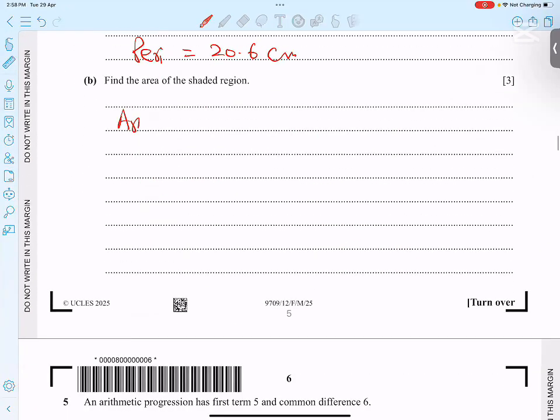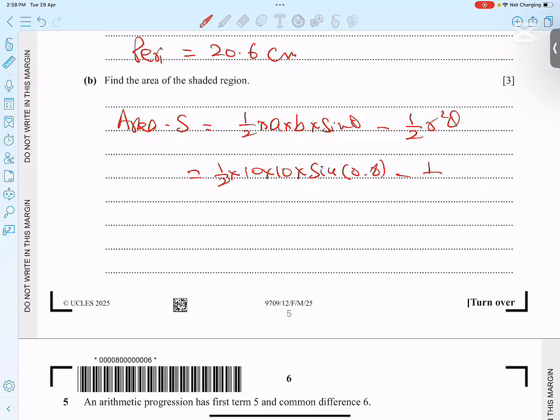So area, as per shaded, sector or triangle. Half into, let me write the formula first: half AB sine theta. What is the area of the sector formula? Half R square theta. So first of all, I'm writing half into 10 into sine of the 0.8 in the middle. And what is the other one?